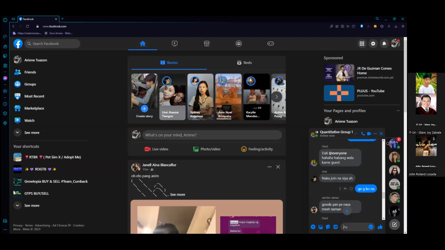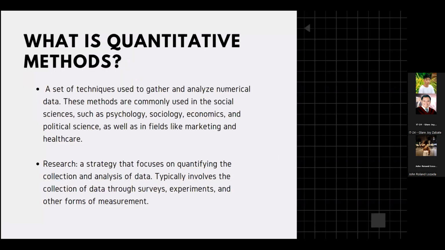Quantitative research methods are a set of techniques used to gather and analyze numerical data. These methods are commonly used in the social sciences, such as psychology, sociology, economics, and political science, as well as in fields like marketing and healthcare.